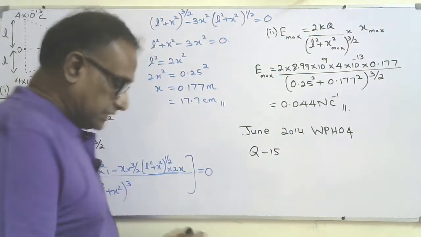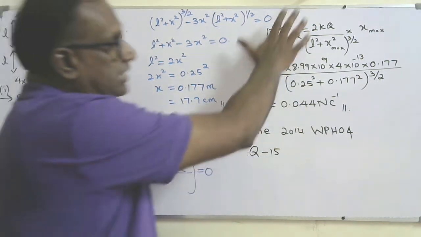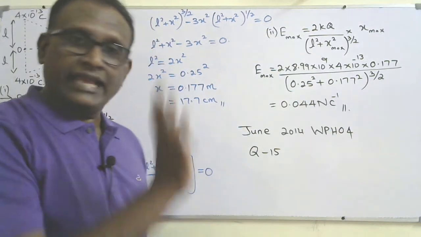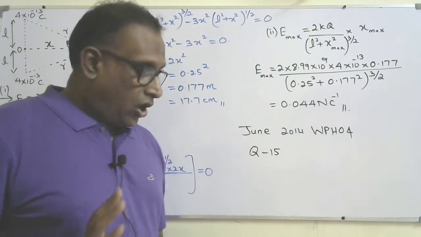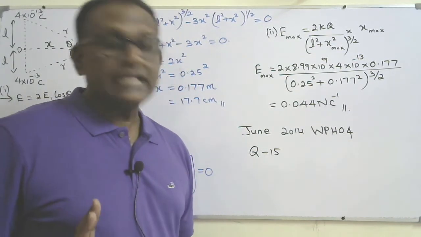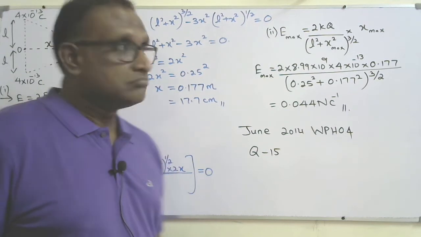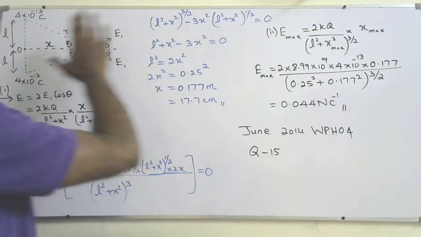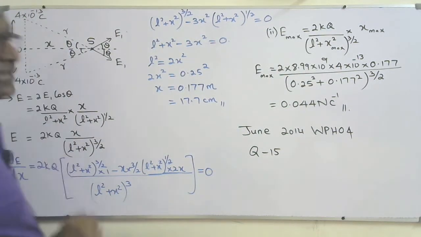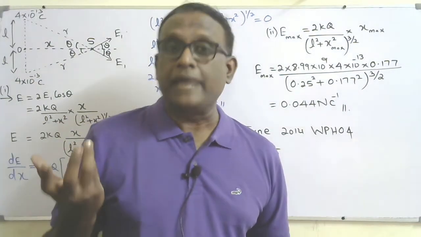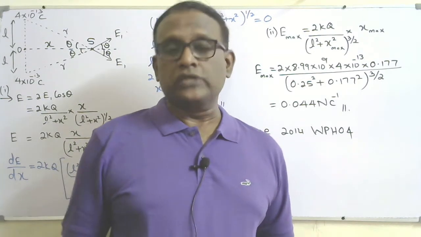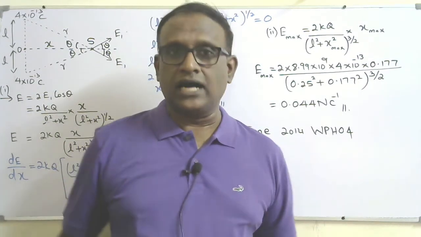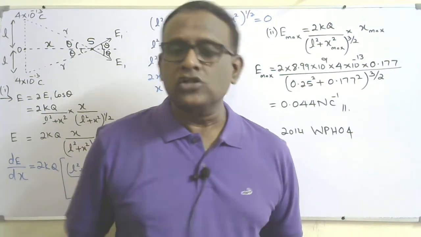In this question they did not ask to get this value. On part C they say that the values and diagrams are the same, but the question states that the maximum electric field strength is 0.044 newton per coulomb, and some other questions are asked beyond that. Those are normal simple questions.